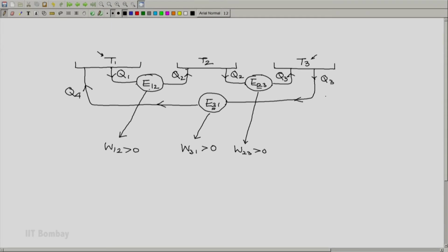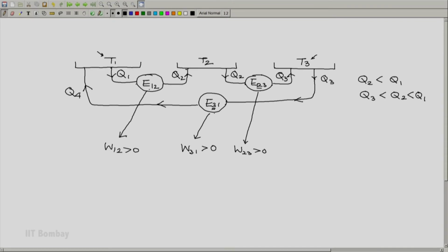Now notice that W12 is positive, E being an engine, so we should have Q2 less than Q1. Again, E23 is an engine, so W23 is positive, so we should have Q3 less than Q2, which in turn is less than Q1. So Q3 is less than Q1.